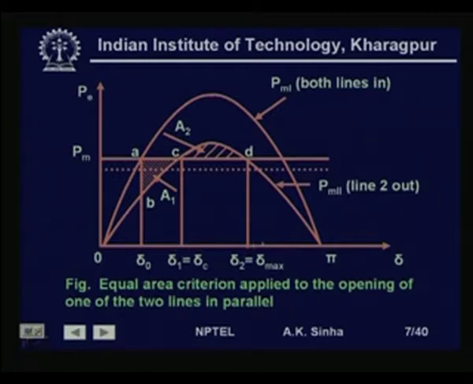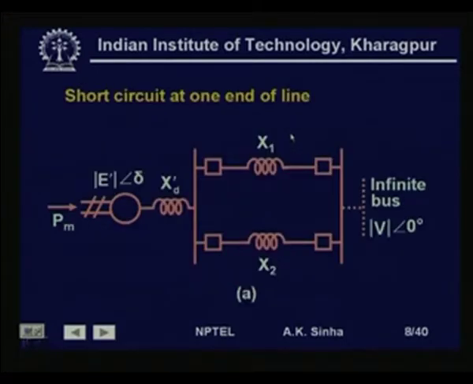This is delta 1, and this is pi minus delta 1. So, we can see what is the maximum angle that can be reached, that is delta 2, in this case. In case we work at a power higher than this, then we are going to lose stability. So, we need to work always lower than this power, and this will be the critical stability point for this situation.